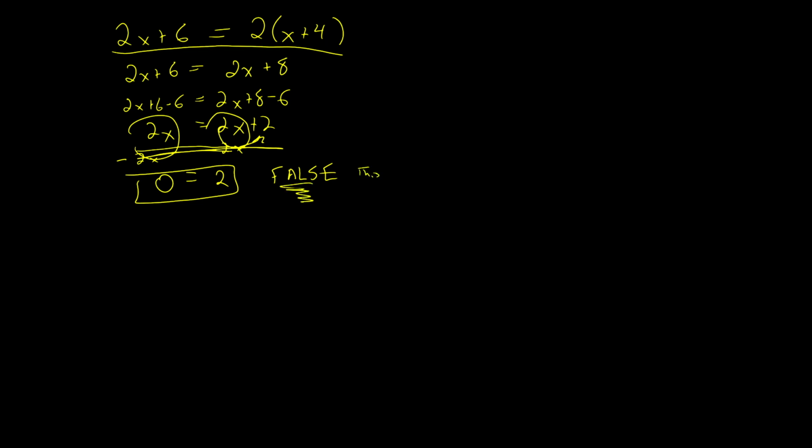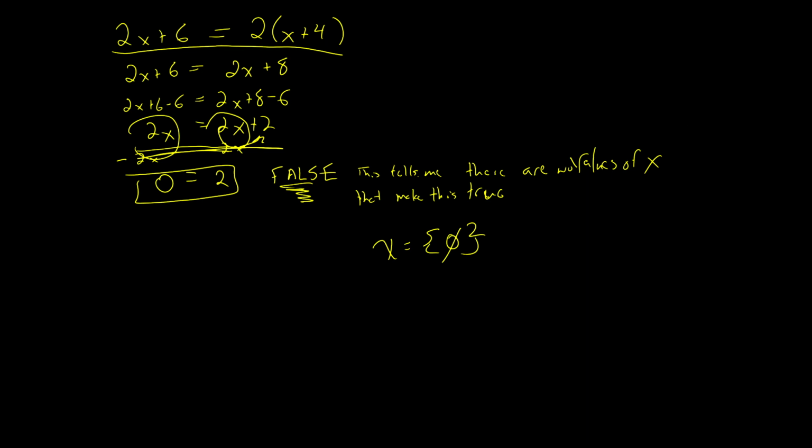This tells me there are no values of x that make this true. And so we say the solution for x, well, it's going to be the null set, since there are no values that keep this true. Well, let's look at one more here.